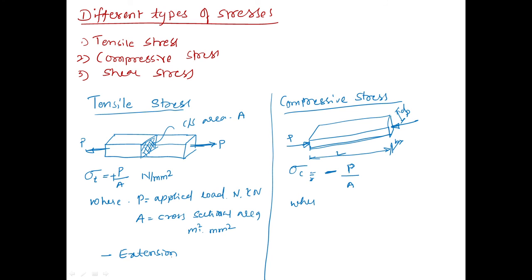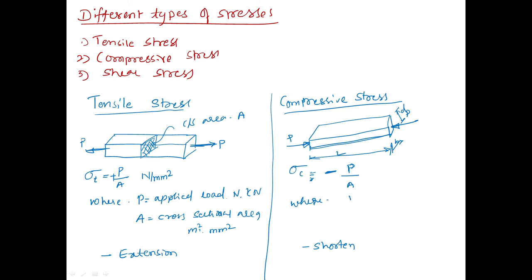Tensile stress tries to extend the length of the bar, causing extension, but in case of compressive stress, it is going to shorten.